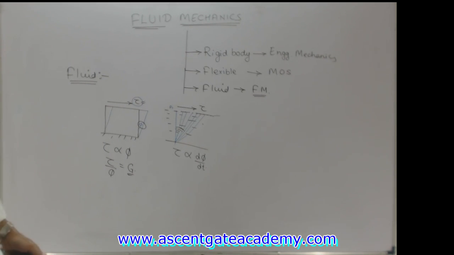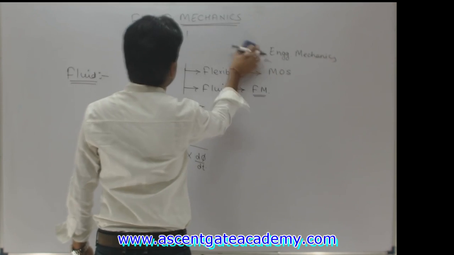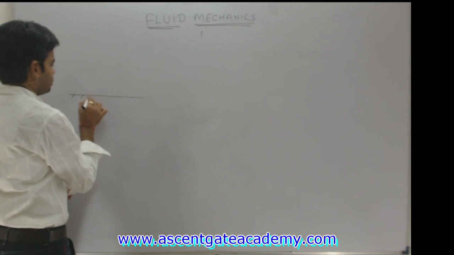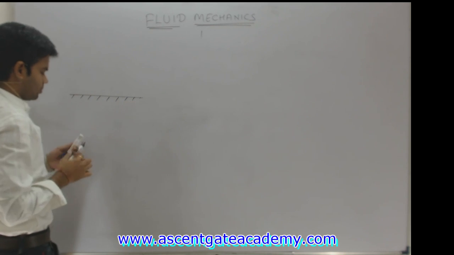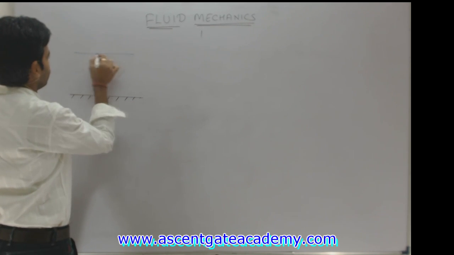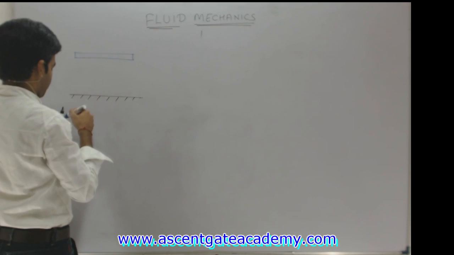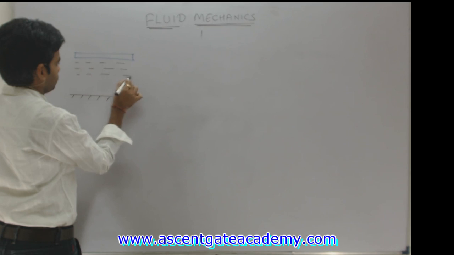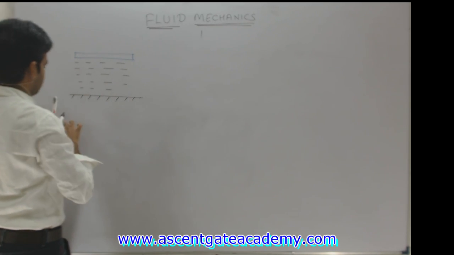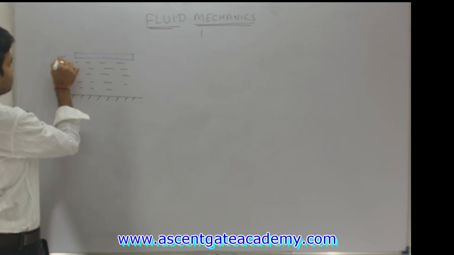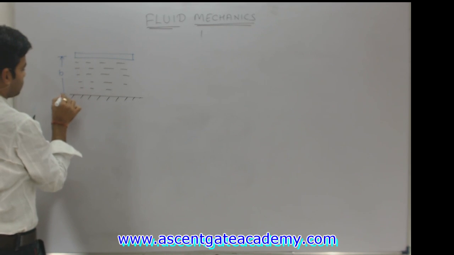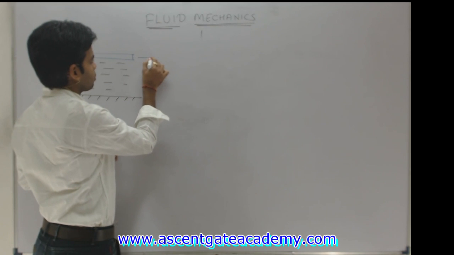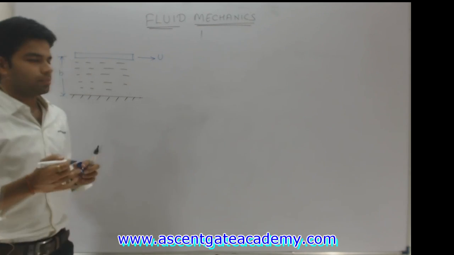Now that you have understood the basic difference between the solid and the fluid, moving further, let's suppose we have a layer of fluid, the width is suppose B, and at the top we have a plate, and this plate has a velocity suppose u.